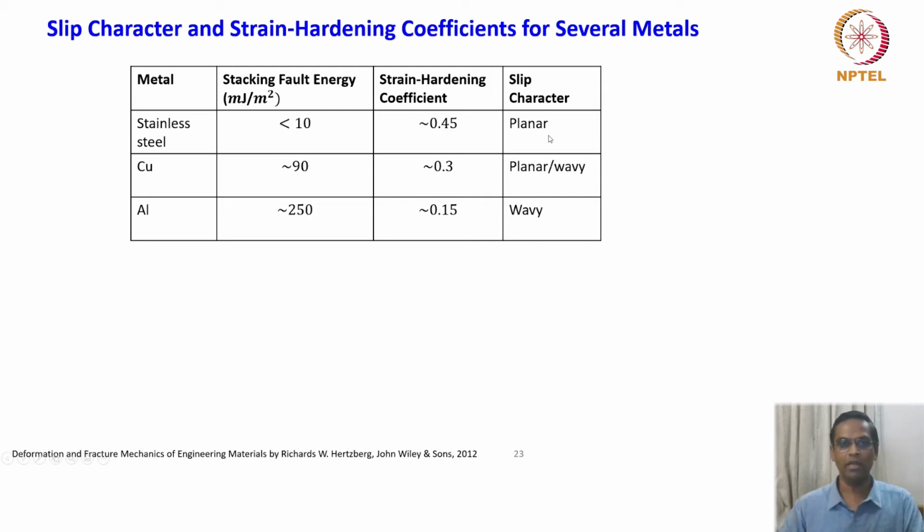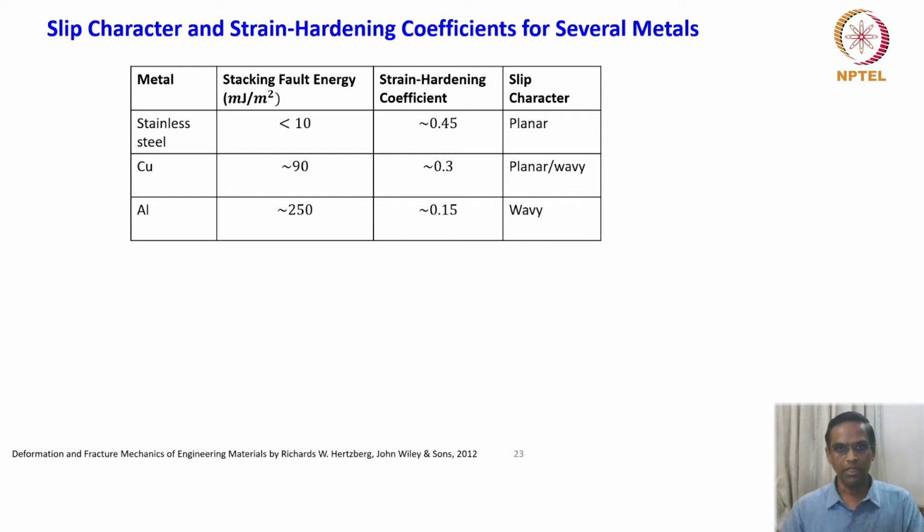It will not have a random waviness; it will be all planar segments. So just by looking at the dislocation substructures, you will be able to characterize the deformation behavior. At first look itself, you can understand this, and then, depending upon the interest, you can go to any level of analysis and investigation.